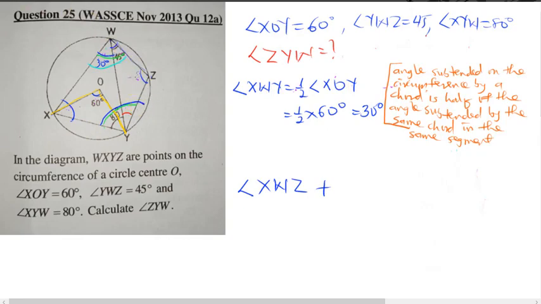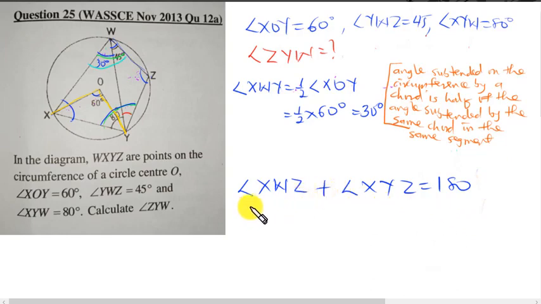Sorry, I went too far. Okay, let me draw it again. So from here to there, yes, that is cool. So the whole of this angle here plus angle here, that is angle XYZ, is 180 degrees. And let me add something small down here. I have to write it down here.